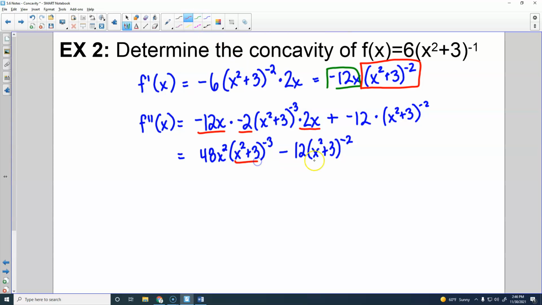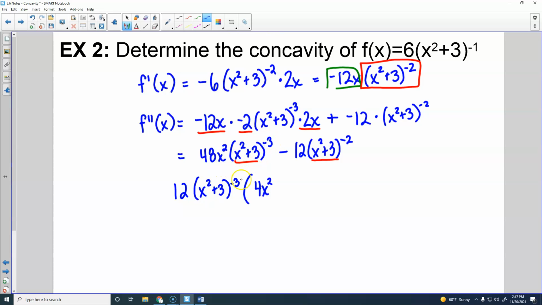Since these two match, we're going to factor out x squared plus 3 to the negative 3. We also could take out a 12, so let's take that 12 also. 48 divided by 12 gives us 4x squared, and since we're factoring out that whole x squared plus 3 to the negative 3, it's just gone.